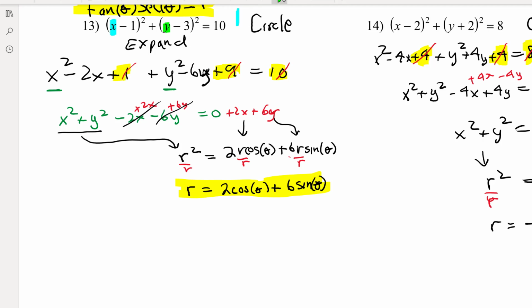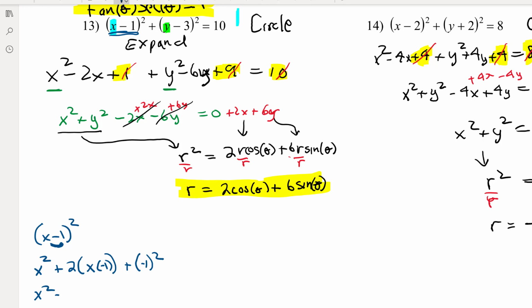This could also be r sine. So what I recommend you do first is expand this. We remember when you have a binomial squared, it's the first thing squared, 2 times the first times the second, and then you square the second thing.